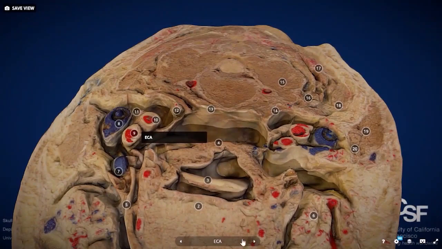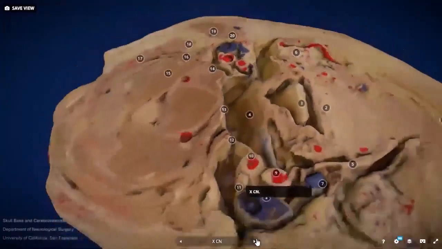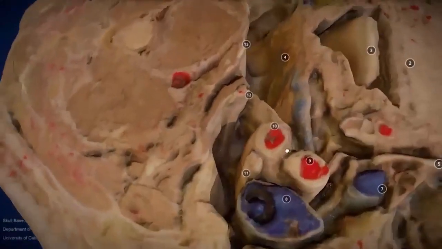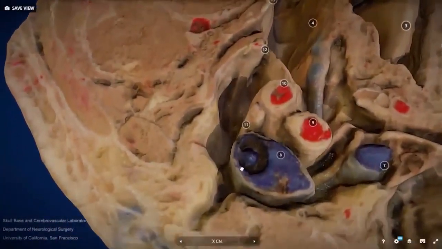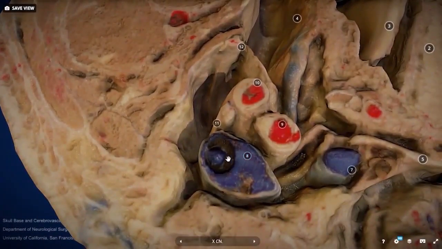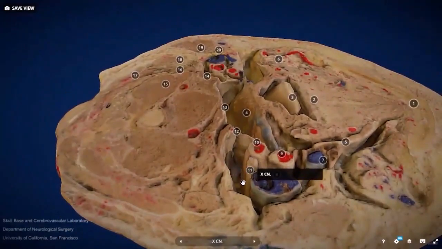And medially, we can identify anteriorly the external carotid artery and posteriorly the internal carotid artery. Just in between these vessels, the internal jugular vein and both carotid arteries, we can identify the vagus.